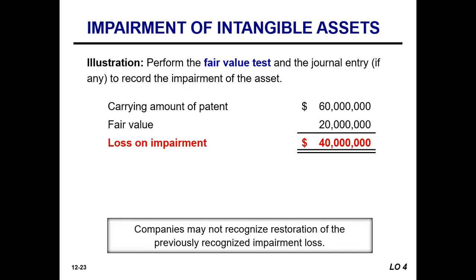And the difference here is that loss on impairment. The journal entry to record this, and we've seen a similar entry before when we talked about this in chapter 11, is debiting loss on impairment and crediting the asset account.